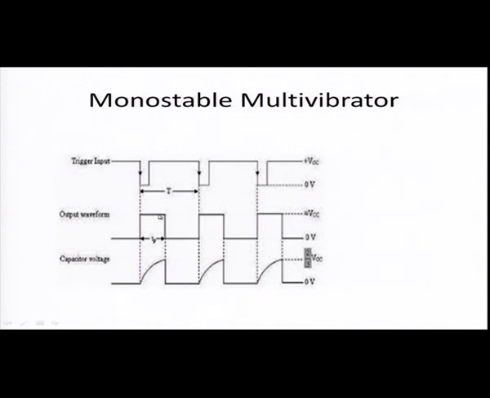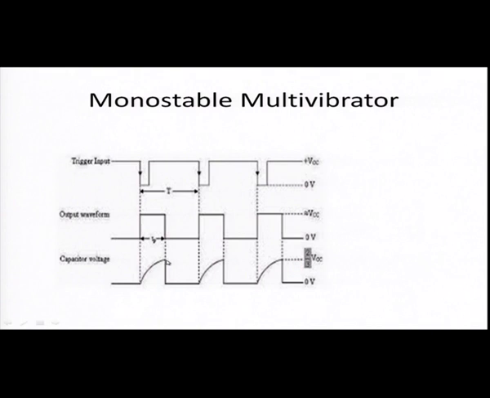So, once it is high, then the capacitor will start charging towards VCC. During charging, it reaches 2/3 VCC, which is the threshold voltage of the upper comparator. So, once it exceeds 2/3 VCC, then the upper comparator resets the flip flop.